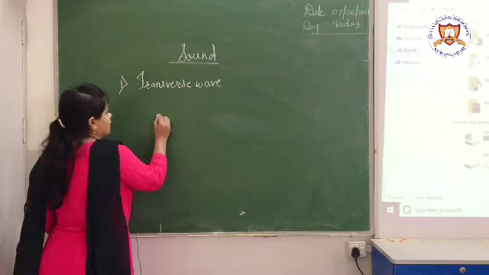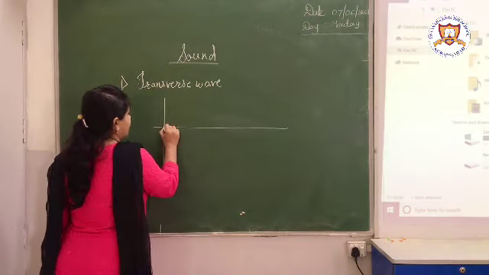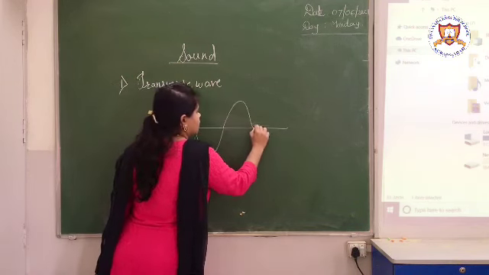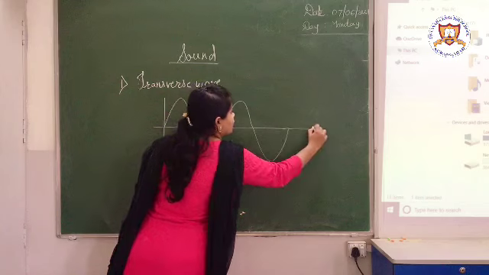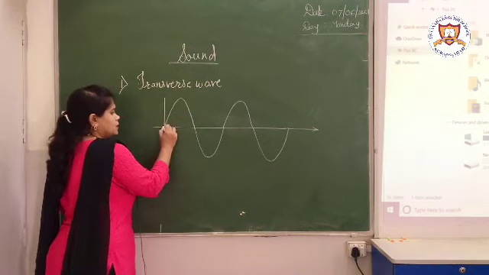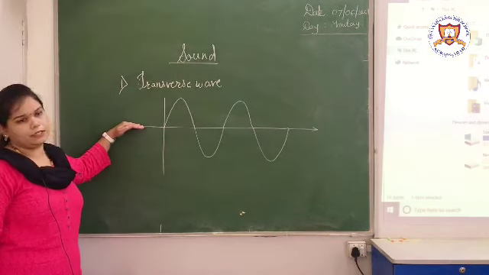Now suppose the transverse wave makes this pattern. Here I am just drawing the diagram, so with the help of the diagram you are going to understand. This is the origin. This is the medium density line, we can say.